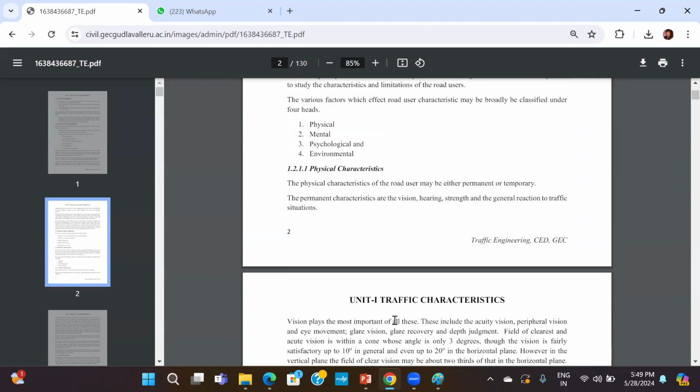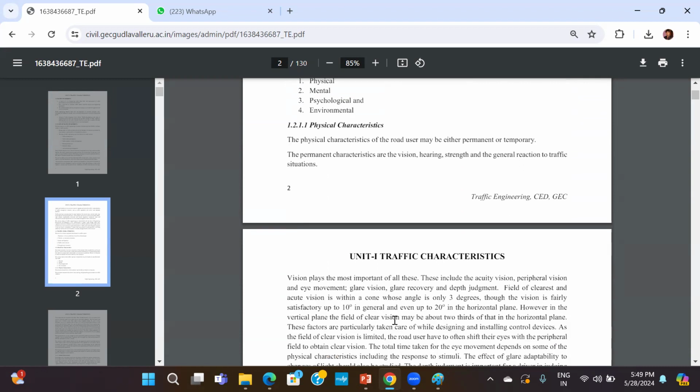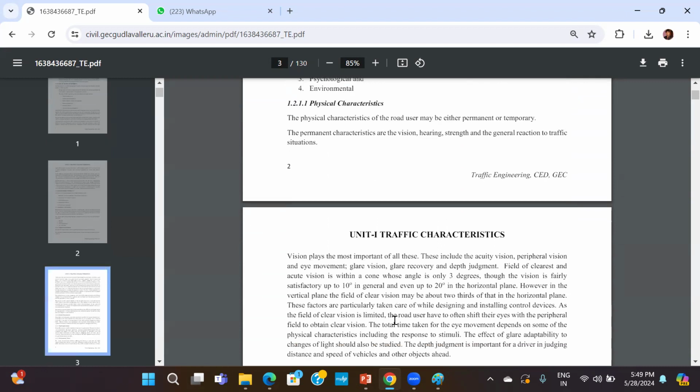While coming to vision, it plays an important role. It includes acuity of vision, peripheral vision, eye movement, glare vision, glare recovery, and depth judgment. The acute vision is within a cone whose angle is only 3 degrees, though the vision is fairly satisfactory up to 10 degrees.